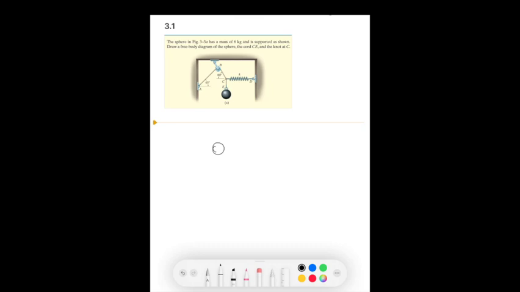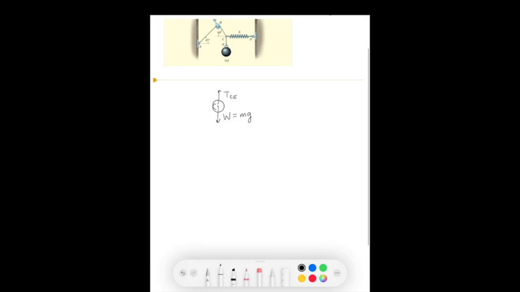When we do that, we start with the sphere, and we know that it has some weight pointing down. We know that weight, which we'll call W, is equal to the mass times the gravitational constant. And pulling in the opposite direction is the tension in the force along the cord CE, which we'll call TCE.